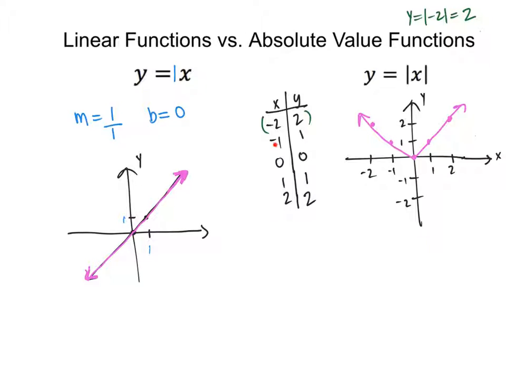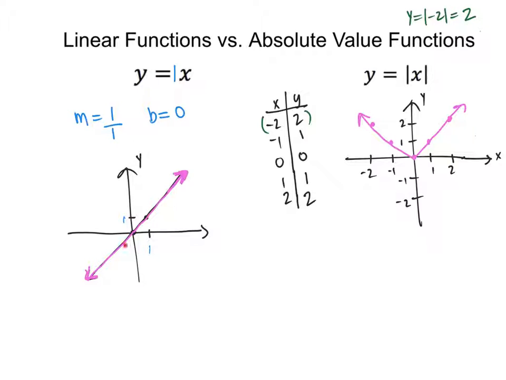So when you plug in something like -2 into this function, y is going to be equal to -2. And that's why you're down in this third quadrant, because you had to go to -2 and then go down to -2. Whereas when you plug in a negative into an absolute value, it becomes a positive. And so you want to be in this upper region here to +2.